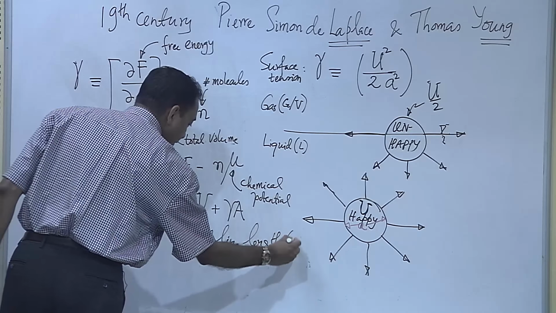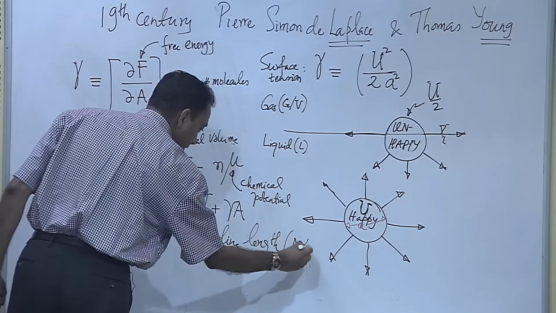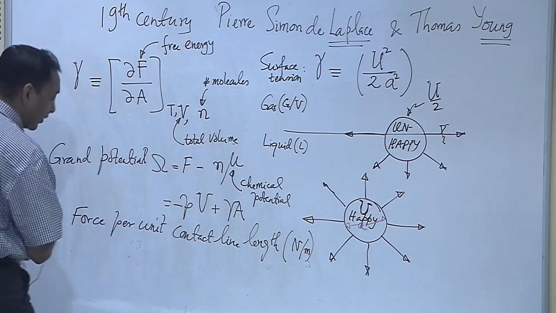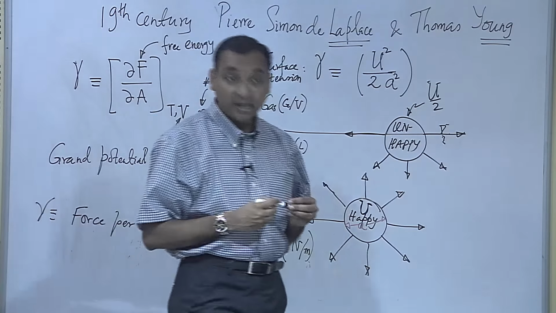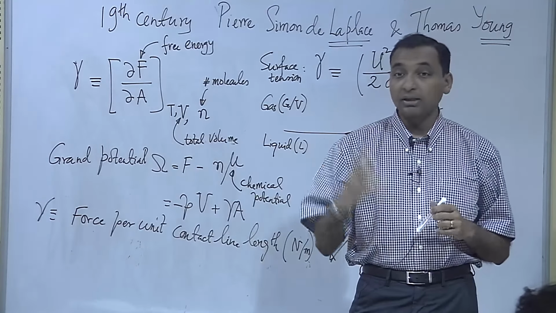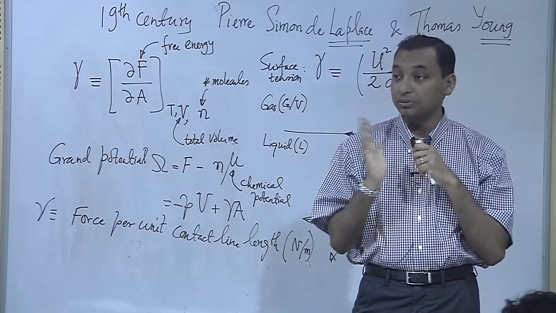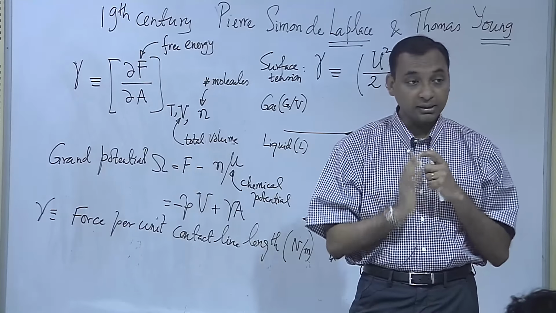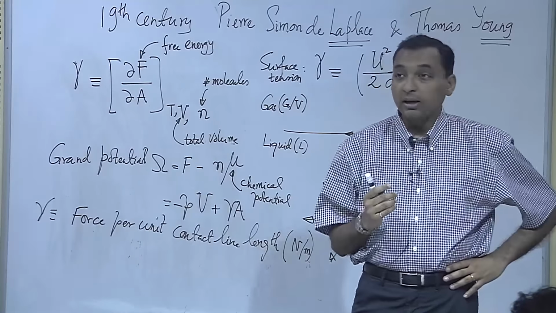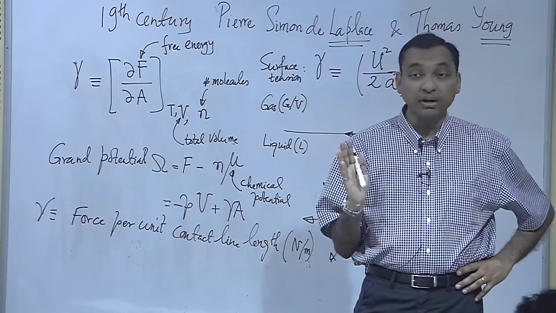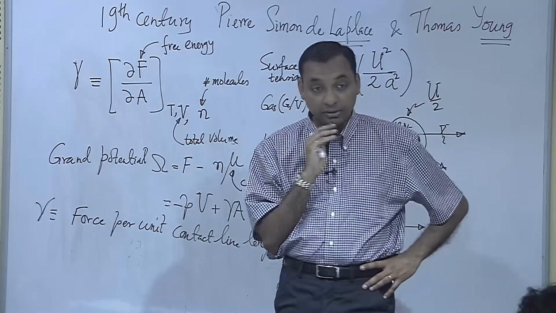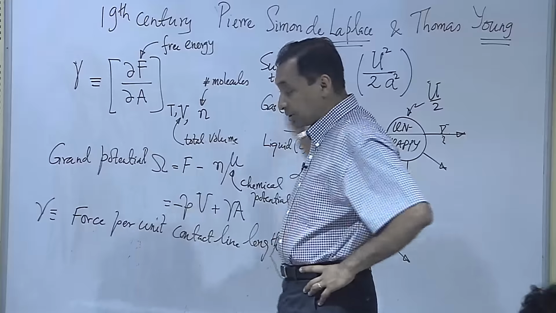Then you have a unit of Newton per meter, right? So gamma can also be defined in a mechanical way: the force per unit contact line length, a Newton per meter. Instead of millijoule per meter square, often in the textbooks it is defined as Newton per meter, but the energy is more fundamental.